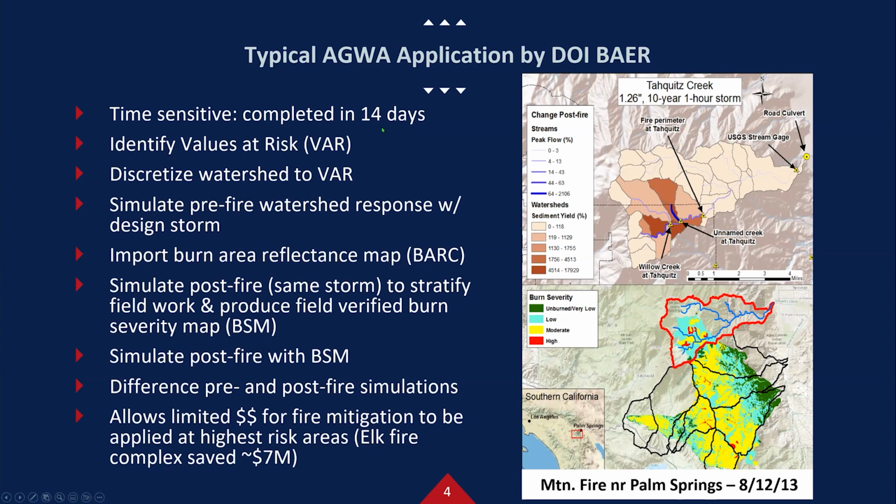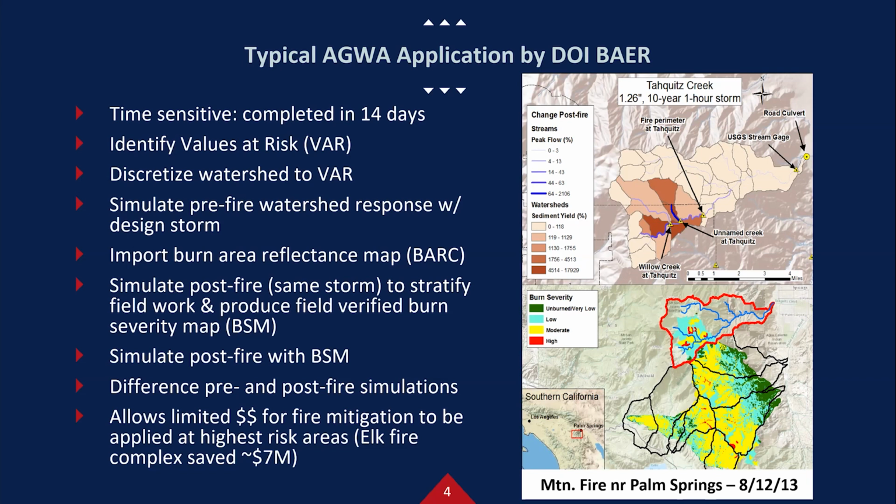So the first thing they do when they get to a fire is talk to the local land managers and identify values at risk. And again, values at risk might be visitor centers, campgrounds, archaeological sites, road crossings. And so what we can do with the feature that Phil noted is that we can force a discretization to the values at risk.